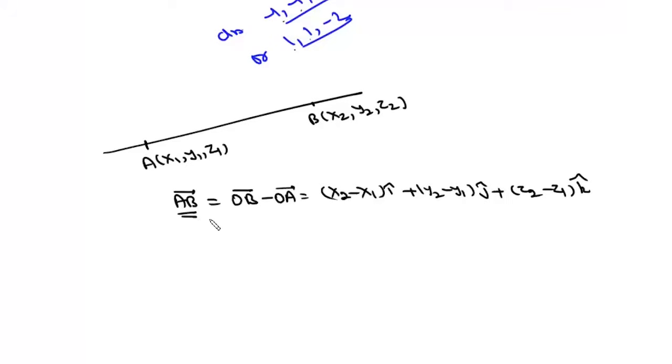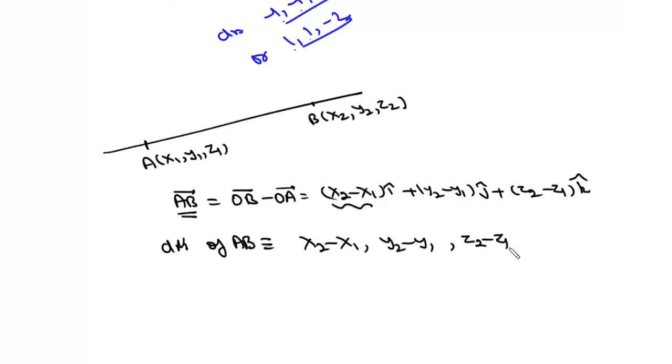Now direction ratios of AB are simply coefficients of i, j and k. So we can take them as x2 minus x1, y2 minus y1 and z2 minus z1. So if we are given 2 points, then from these 2 points we can find their direction ratios directly.